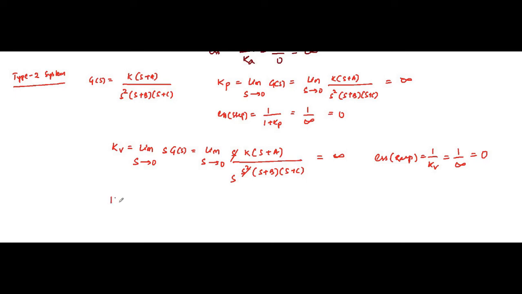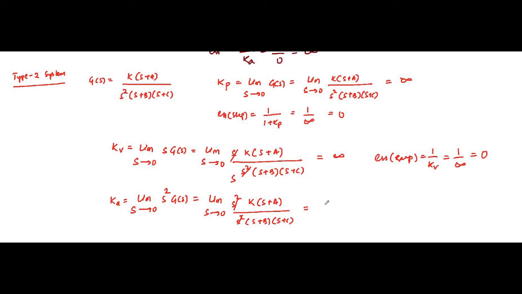Then the acceleration error coefficient Ka is equal to limit s tends to 0 s square G(s), which is limit s tends to 0 s square multiplied with K into (s plus a) by s square (s plus b) into (s plus c). S square gets cancelled.